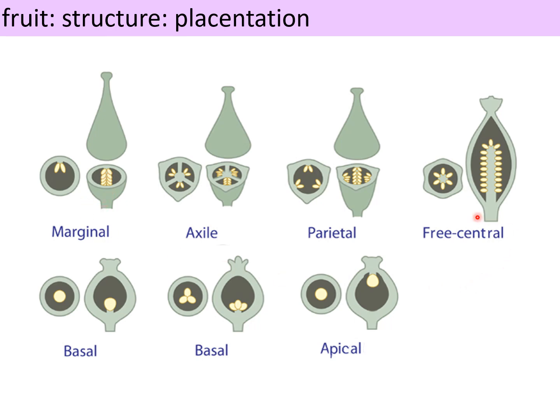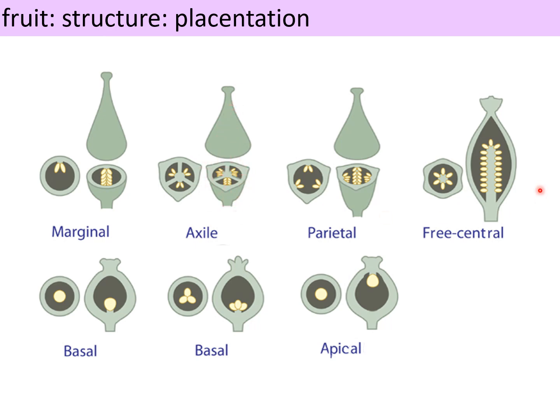For free central, it looks like axile, but it's different because free central comes from an ovary that has only one locule or only one carpel, while axile placentation has the axis in the center and many locules or many carpels.